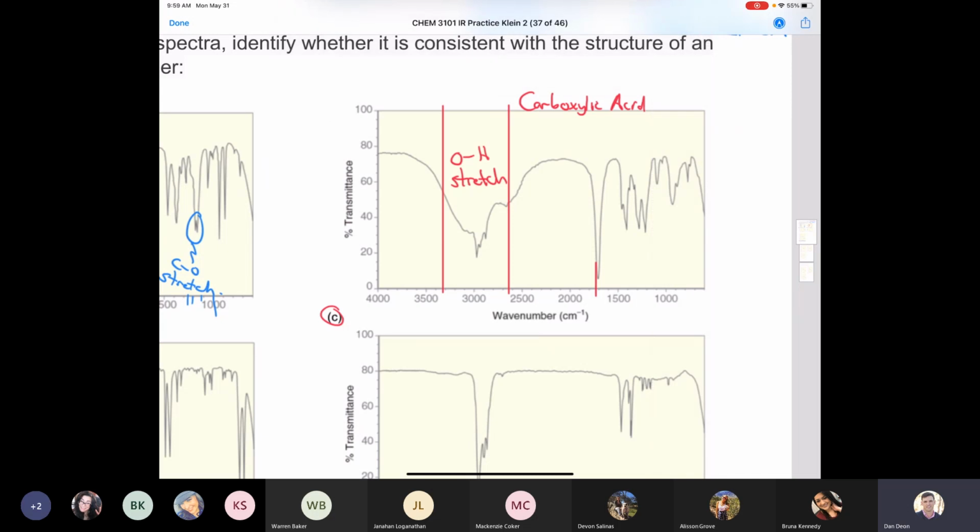It looks to me like that's around 1710, so this is the carbonyl stretch. And the last one we could look for in the carboxylic acid is the carbon-oxygen stretch, which would be around 1300. It might be one of these here. I'm not sure which one, but you could circle them both and say carbon-oxygen stretch like that.